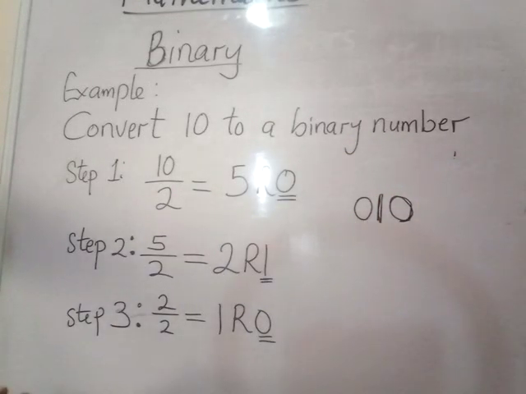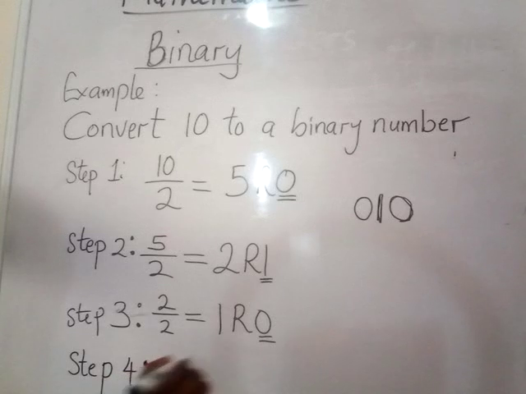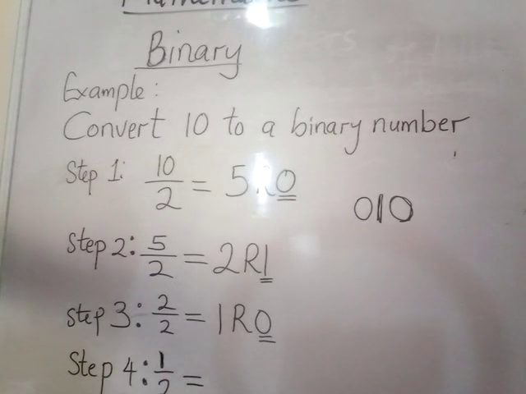And step 4, we have step 4 because there is still a number left that we are working with. And that number is the digit 1. So you have 1 divided by 2, and we know 2 is bigger than 1, so usually we say it is 0, remainder 1.